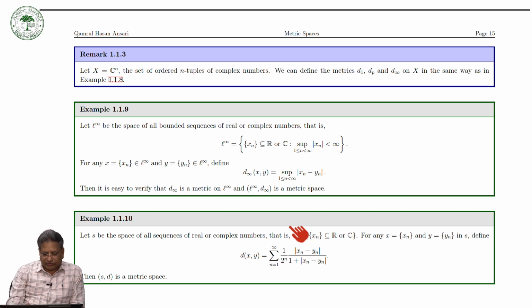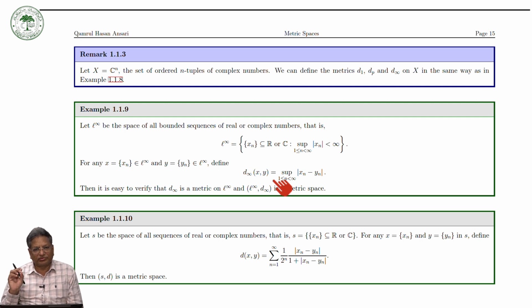Actually, it would not be a metric. Why? Because if these sequences are not bounded, then the supremum of this term may tend to infinity, so the distance between x and y is infinity. But what have we considered? The d of x, y must be a finite number. It should not be infinity. So it is not well defined.